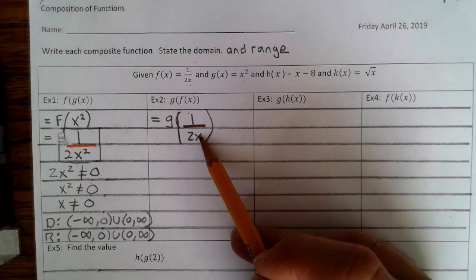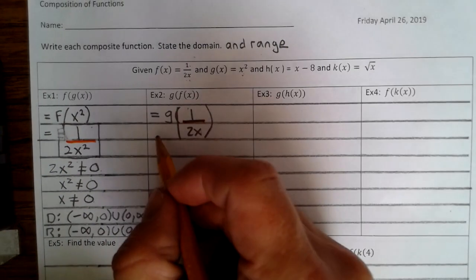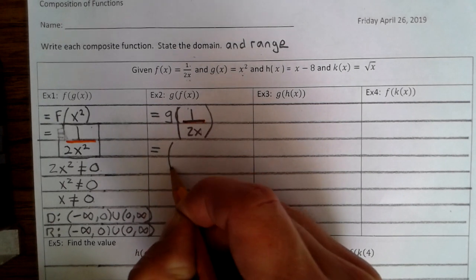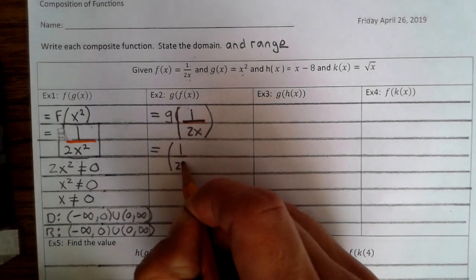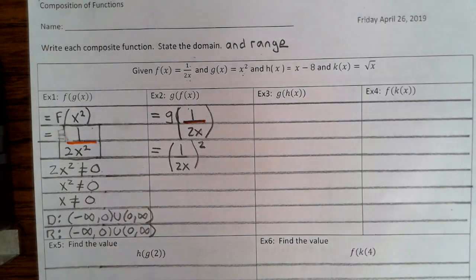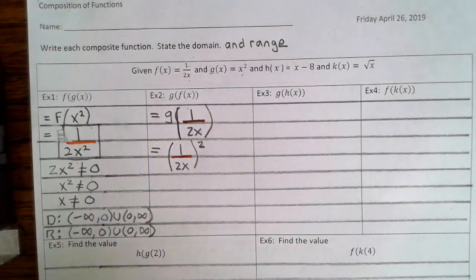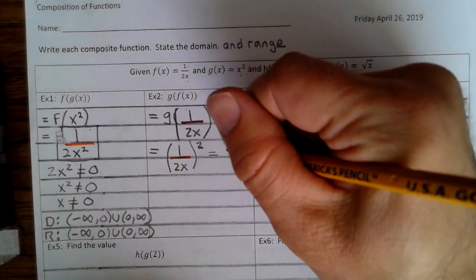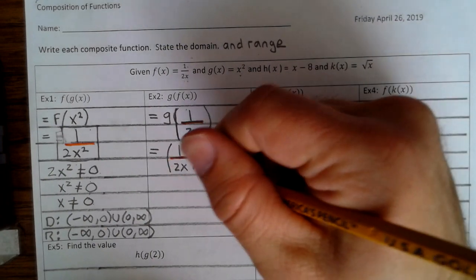So that's equal to 1 divided by 2x, squared. Which, if you square, 1 squared is 1, 2x squared is 4x squared.